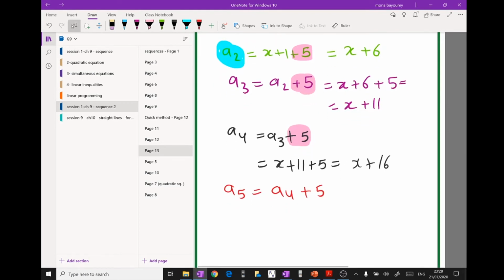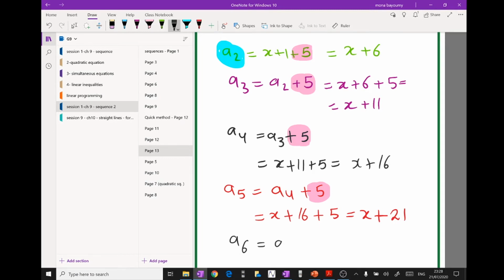A4 is equal to x plus 16. Again, I will add 5 to it, and find the answer. It is x plus 21. At the end, we have A6.